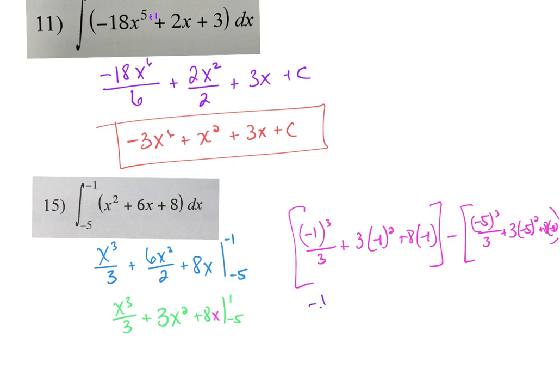So this becomes negative 1/3 plus 3 minus 8 minus negative 125 over 3 plus 75 minus 40.